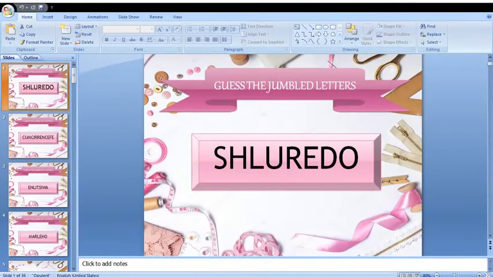So, before we start with our proper lesson, let's do this activity first. So, we have here jumbled letters. For the first one, you may raise your hand if you want to answer. So, for the first one, we have here, yes, Mark, shoulder. Very good.